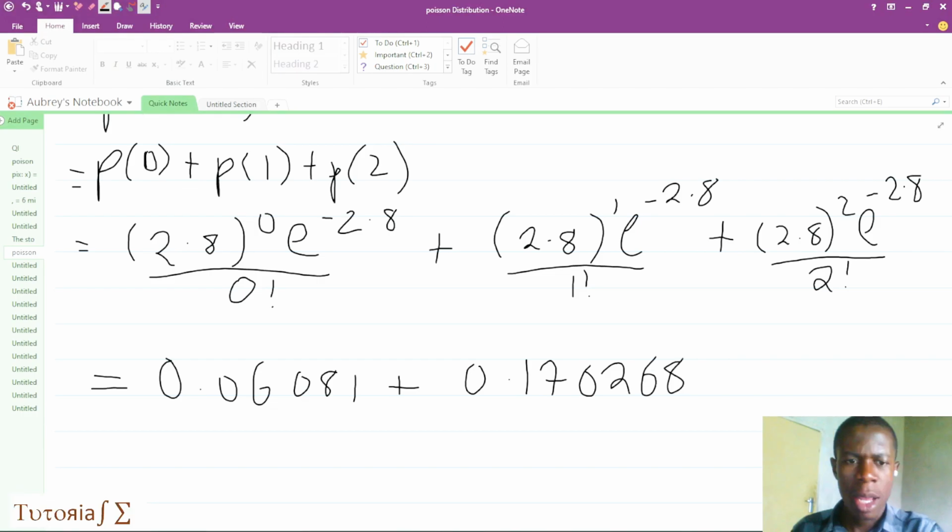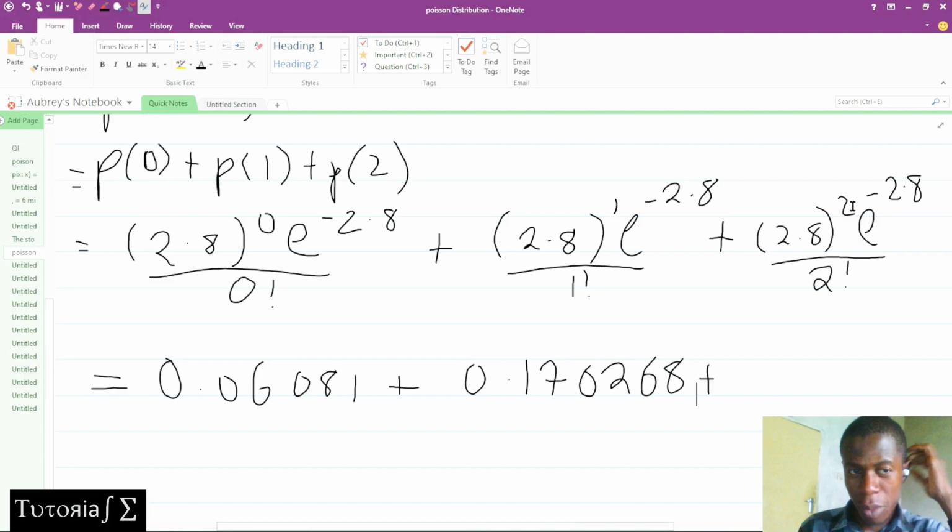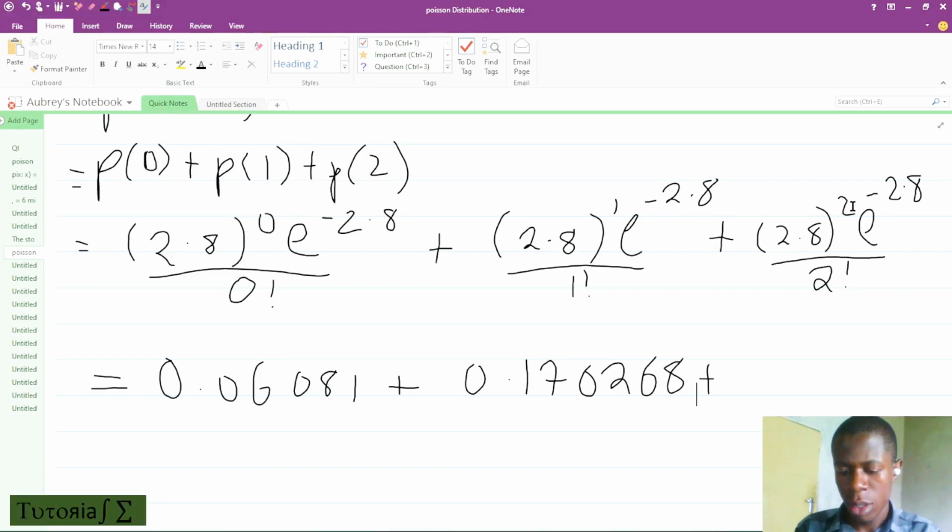0.170268, plus, again here, 2.8 squared, that is 7.84, times e to the negative 2.8, which is 0.47671, divided by 2 factorial. 2 factorial, 2 times 1, is 2.